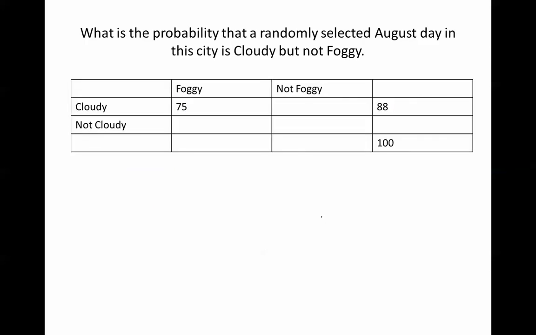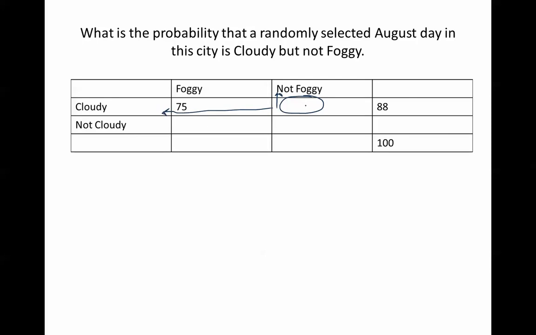Now let's take a look at another question. What is the probability that a randomly selected August day in this city is cloudy but not foggy? So that would come into play with this box here. Those are the days that are both cloudy but not foggy.